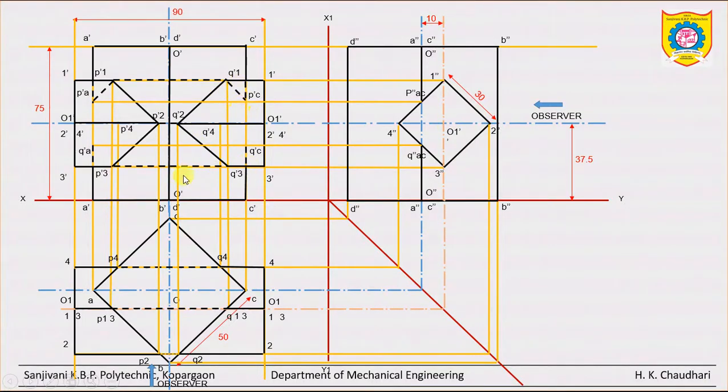Similarly for this side also. Okay, just understand, this is the part of understanding. Now again PA to P4, this part PA to P4, or see here A to 4, PA to 4.